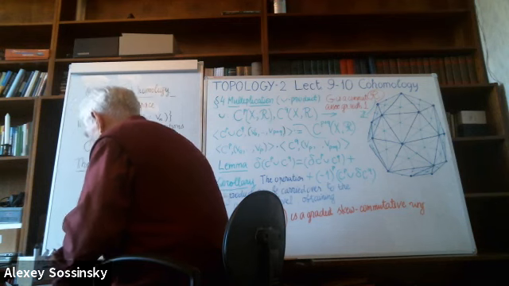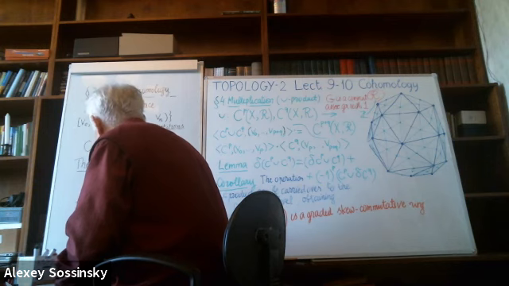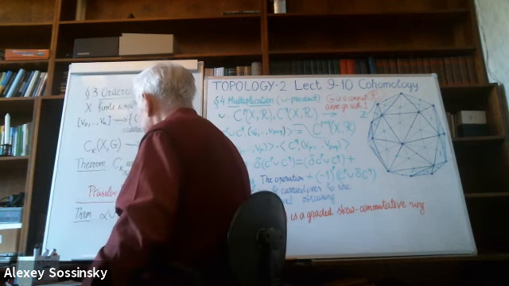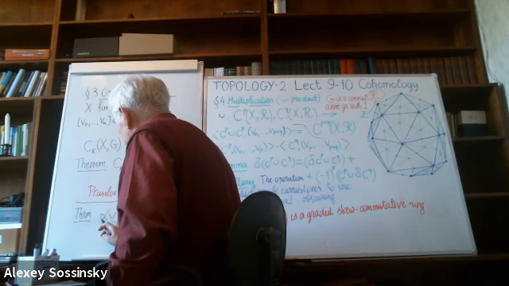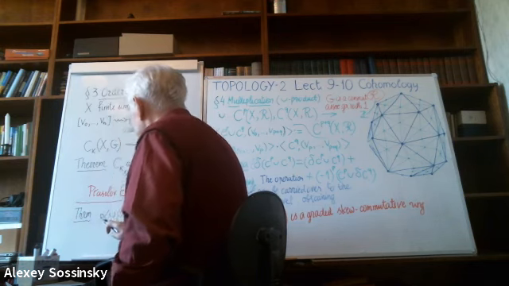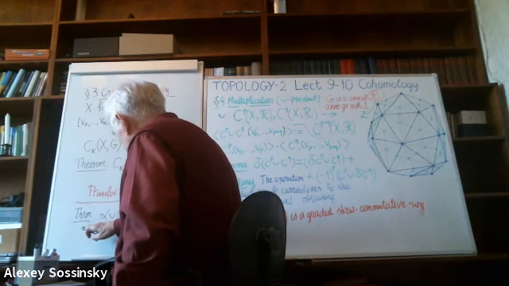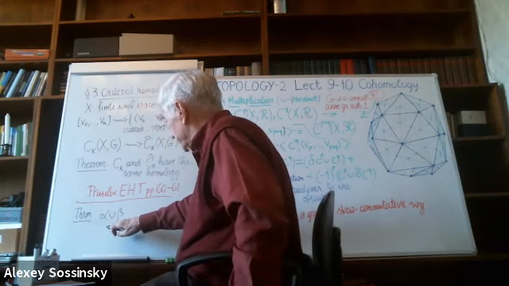Which says that if we take alpha multiplied by beta, alpha is an element of the k-dimensional cohomology group, this is an element of the p-dimensional cohomology group, this is of the q-dimensional.